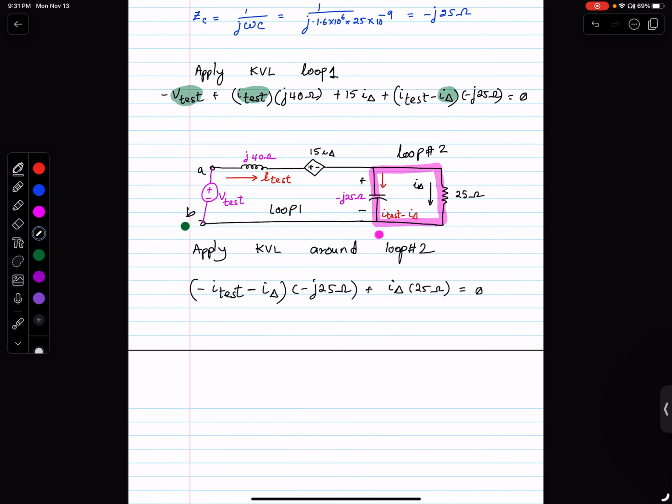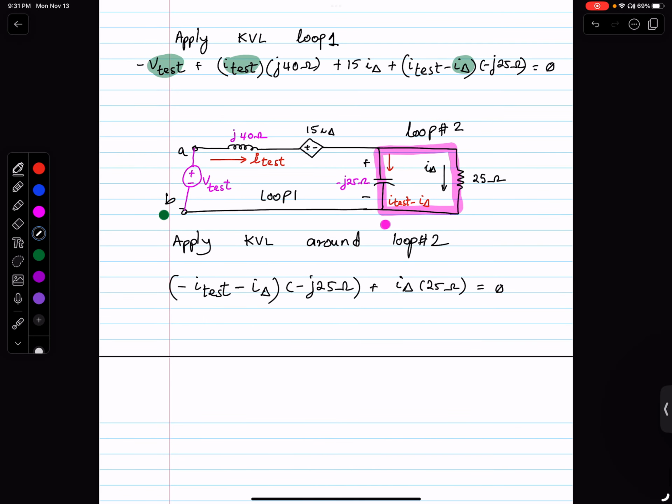Okay, so now we have a set of two equations. Let me simplify this here. I'm going to write this simply as, factor out I test, into J15 ohms plus I delta into 15 plus J25 ohms equals V test.